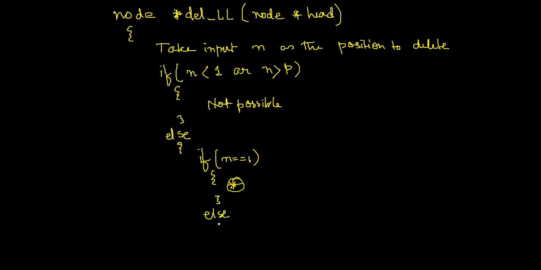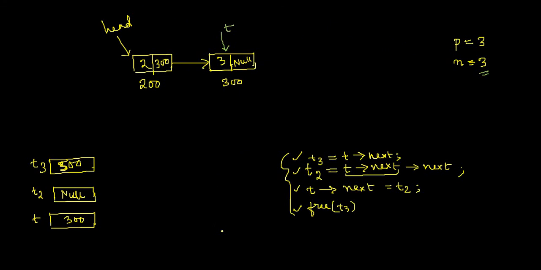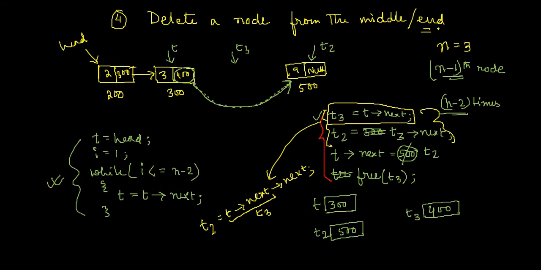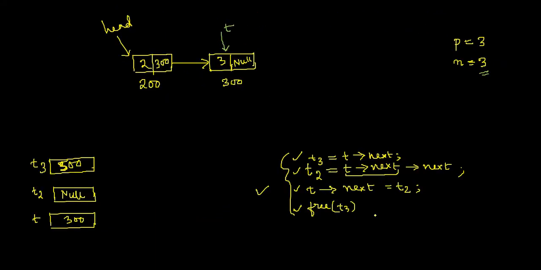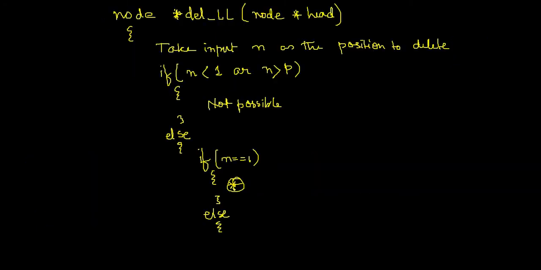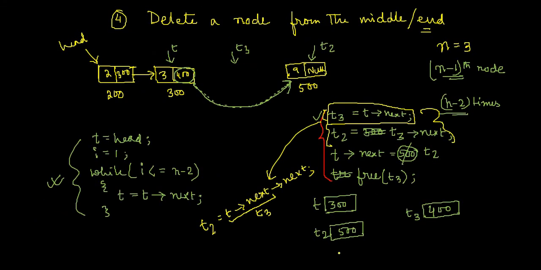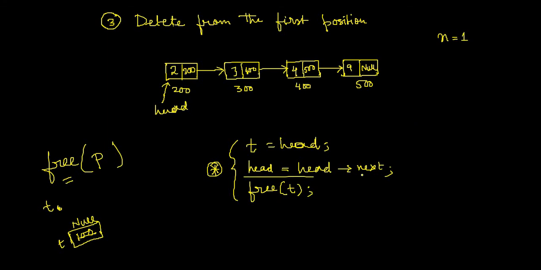Else, if n is more than 1, you will use this set of statements, because we have already seen that in case of middle or end it doesn't matter, the statement is common. And at the end, over here, you must return the head, because there is a possibility that your head may change because of this particular line.